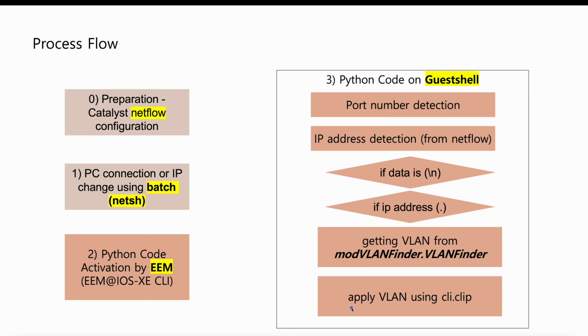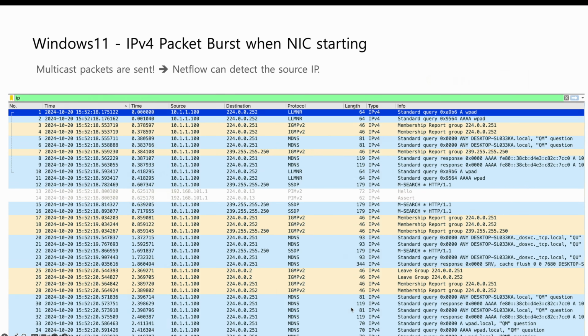Actually, automation is just like human behavior. When a Windows PC, even a Mac, is connected, it will send many packets with the source IP address. Then we will detect this by NetFlow.